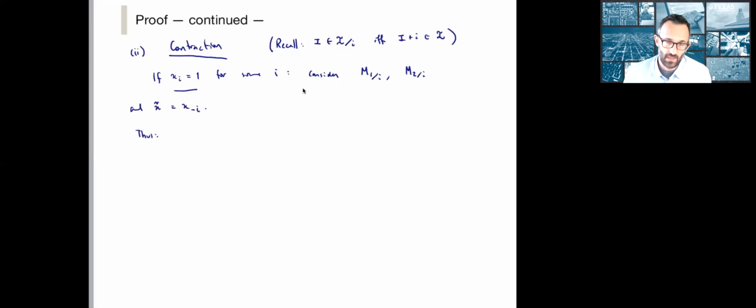So in that case, I know that for any subset U of the ground set, excluding this ith element that I'm contracting, x tilde of U is equal to x of U plus i minus 1, because for x tilde I just removed that ith coordinate, which was equal to 1.